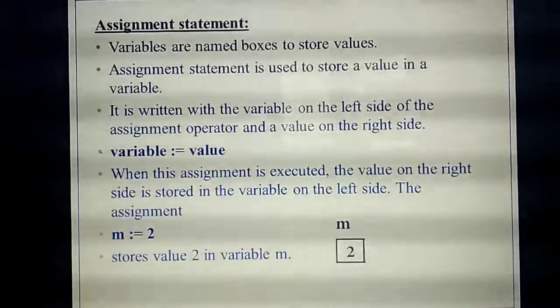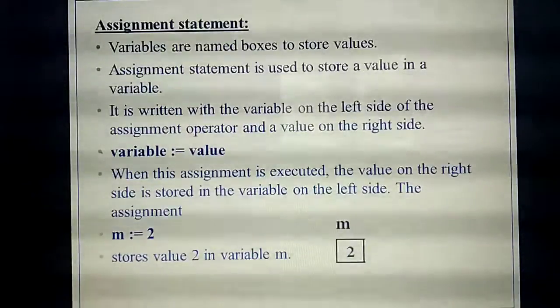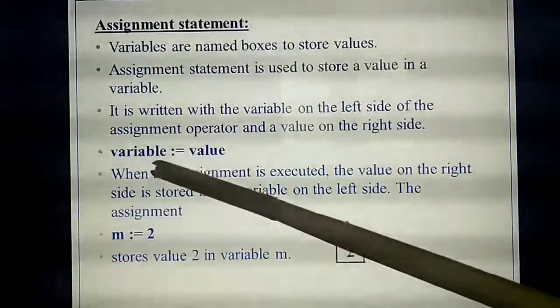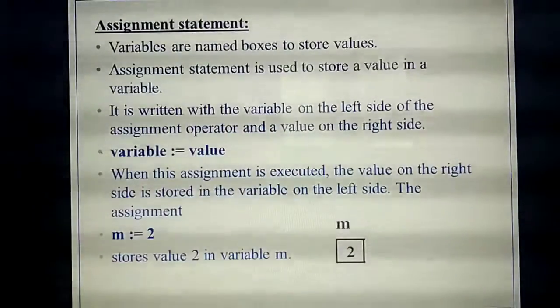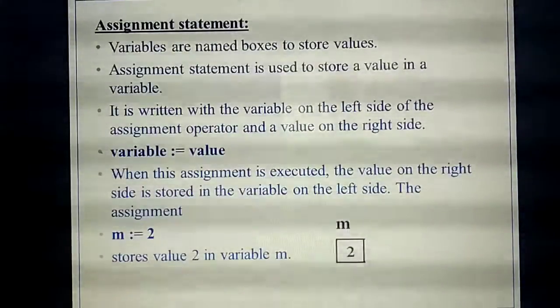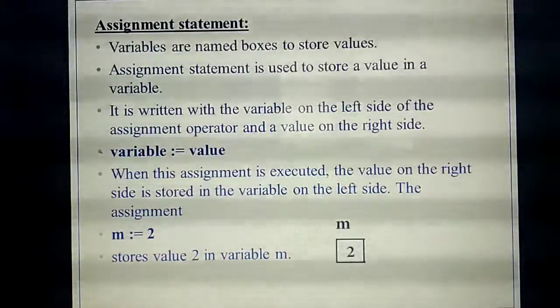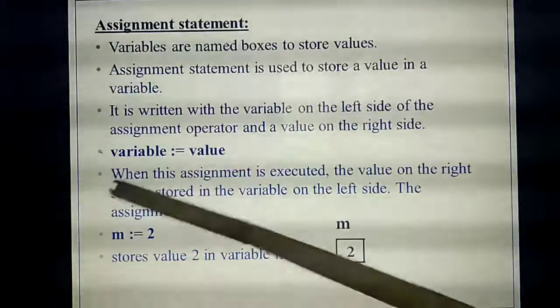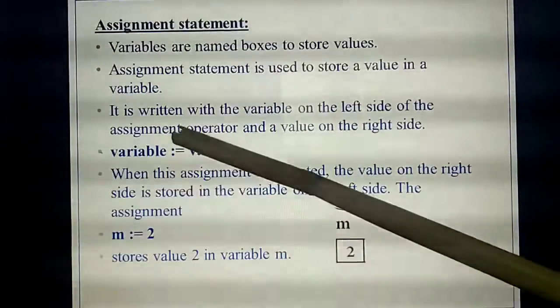Then while you are executing the statement, this is a syntax. Syntax means just like a formula. You study formulas in Maths, no? Similarly, in programs we call it syntax. This is a format for representing variable and value.